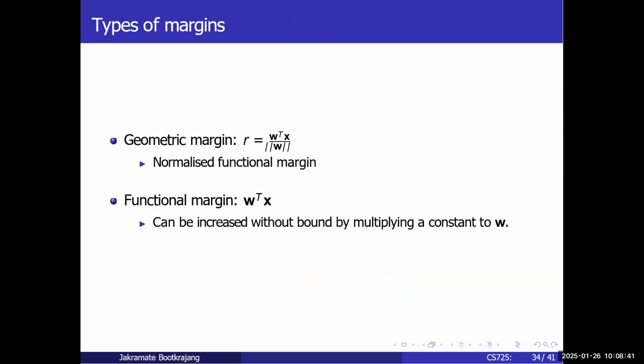The margin is basically the geometric margin. And if we fix the length of the boundary to be 1, it's basically just this value. If the denominator is 1, then you only get this.